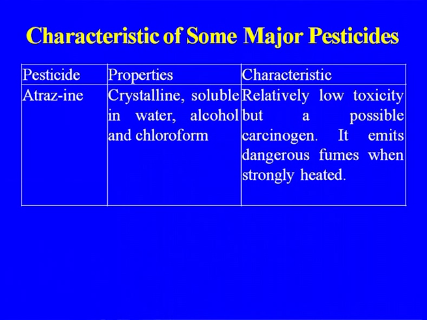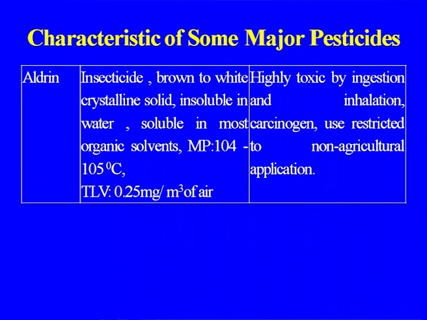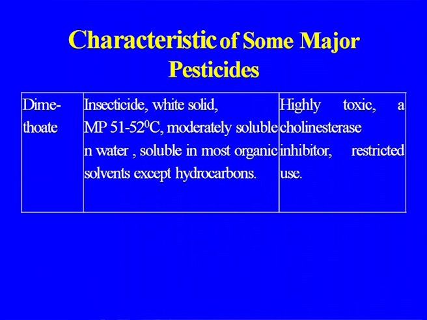Here, about the properties, the threshold values are given for the various pesticides. Atrazine: relatively low toxicity but a possible carcinogen. It emits dangerous fumes when strongly heated. Aldrin: highly toxic by ingestion and inhalation, carcinogenic, use restricted to non-agriculture applications, because aldrin is a highly toxic material. Dimethoate: highly toxic, a cholinesterase inhibitor, restricted use.